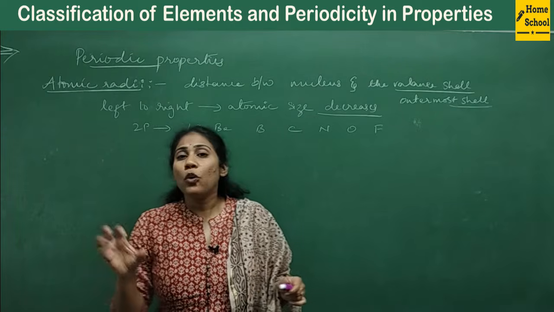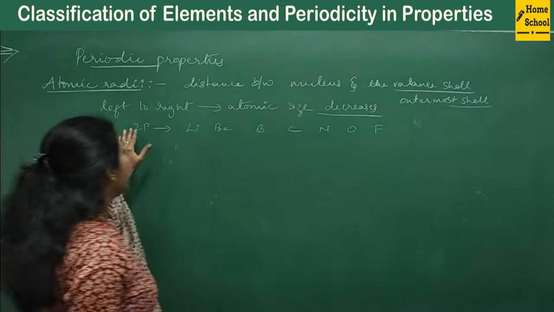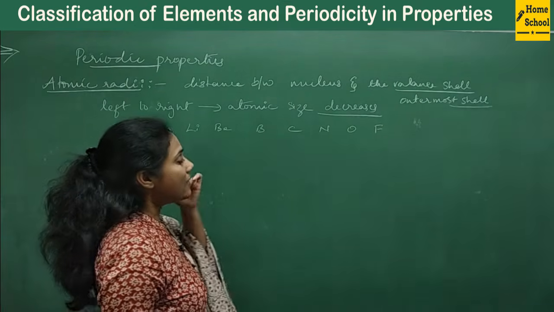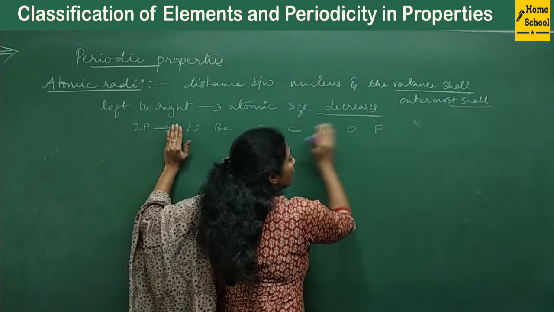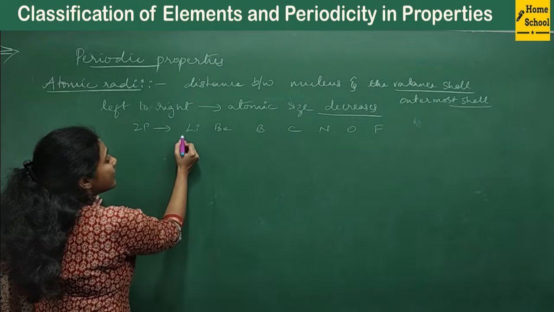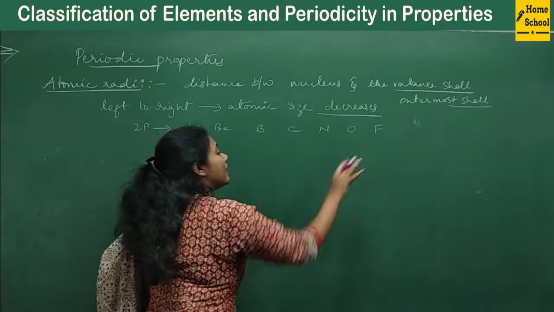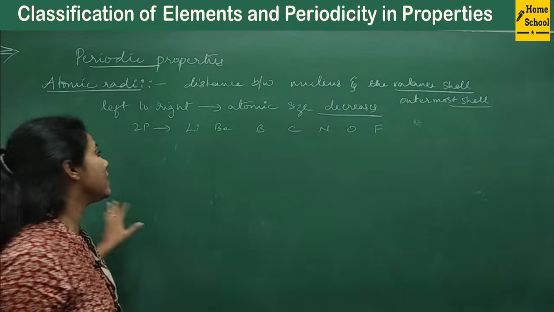Noble gases are quite larger in size. Except that, these are the elements in the second period. As I move from lithium to fluorine, the size decreases. Normally everyone thinks that as atomic number increases, size will increase. But in this case it is not true.